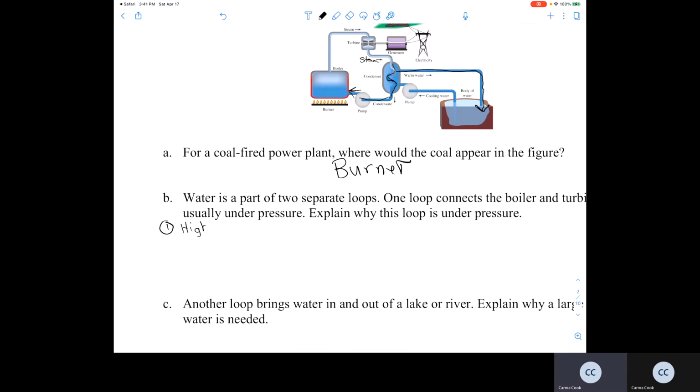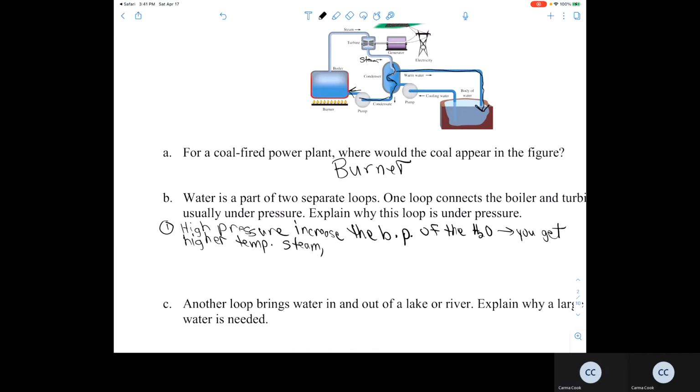And that is because the high pressure increases the boiling point of water. I'm abbreviating boiling point BP. And so therefore you get higher temperature steam. And this increases the efficiency of your power plant.